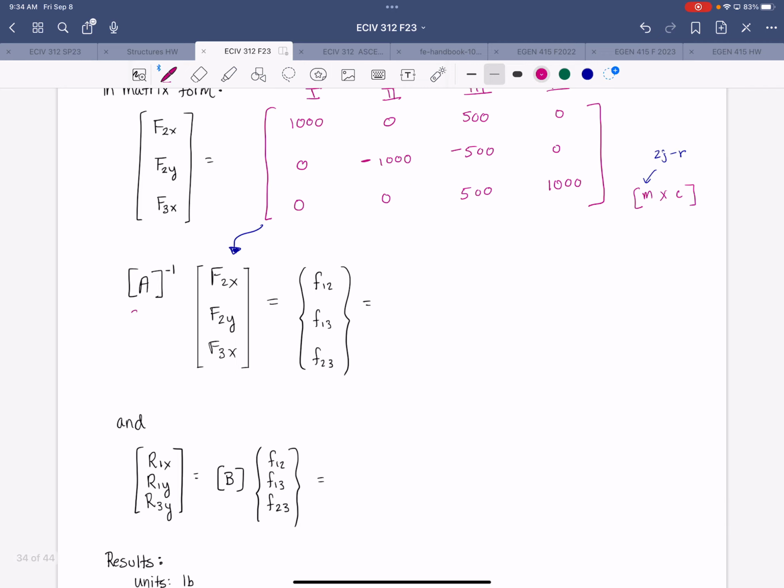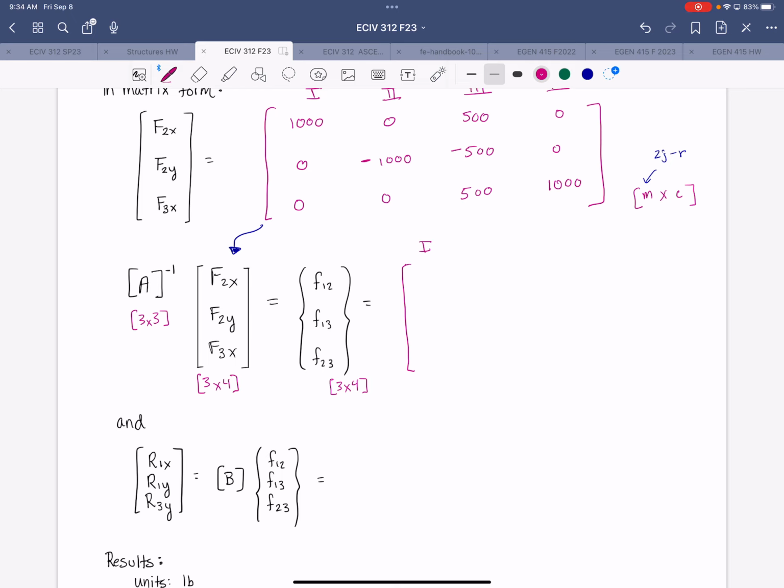So now we're taking a 3 by 3 and multiplying it by a 3 by 4. So our result is going to be a 3 by 4. Each column in our result is going to represent the internal forces for each load case respectively.